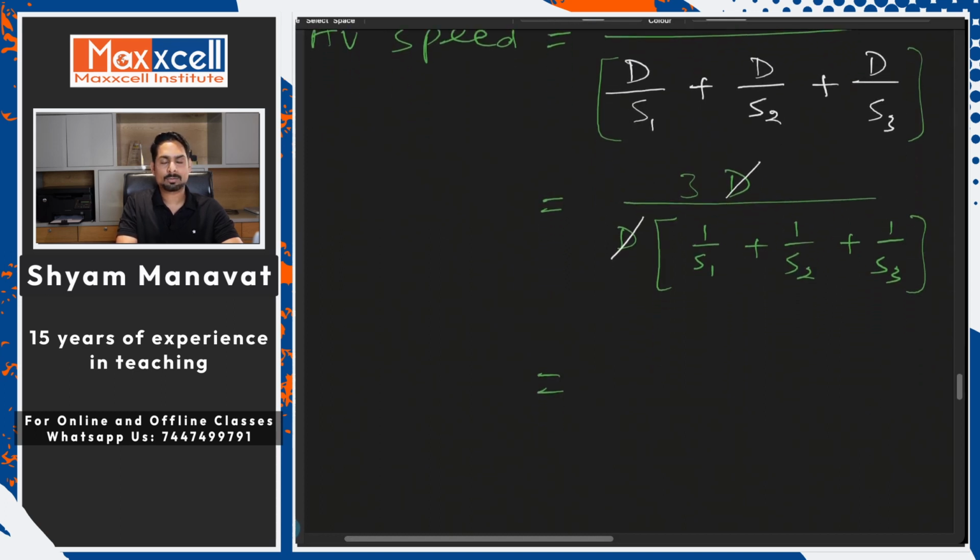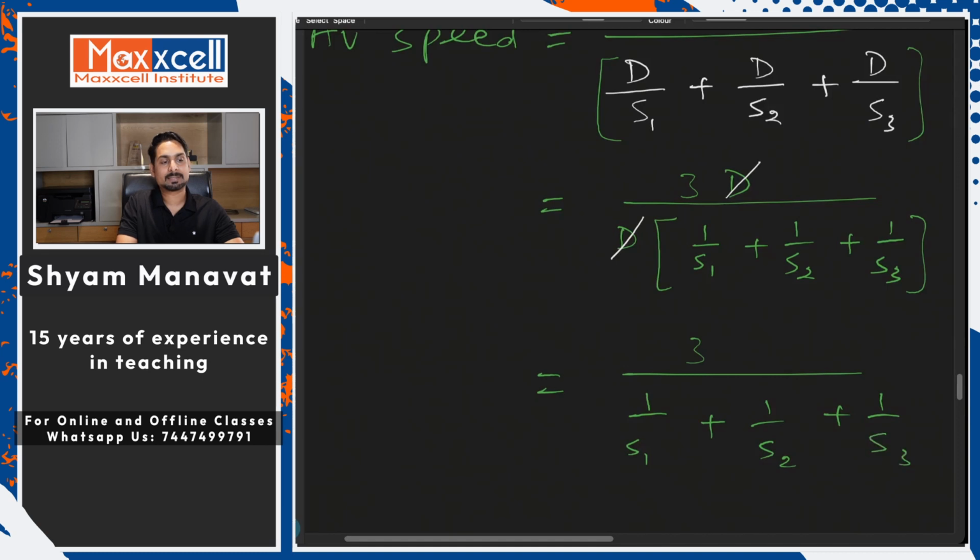You don't have to remember all this derivation. You just need to remember the conclusion, because in the exam there is no step marking. You just need to work on the final answer. So you got 3 divided by 1 upon S1, 1 upon S2 and 1 upon S3.